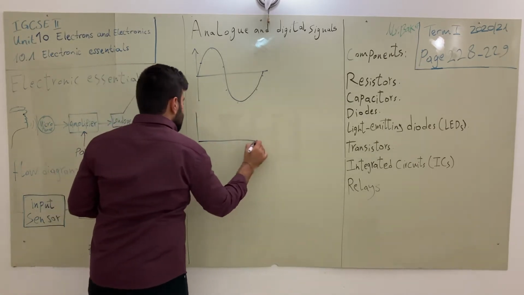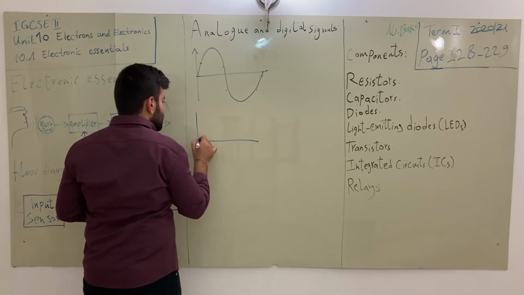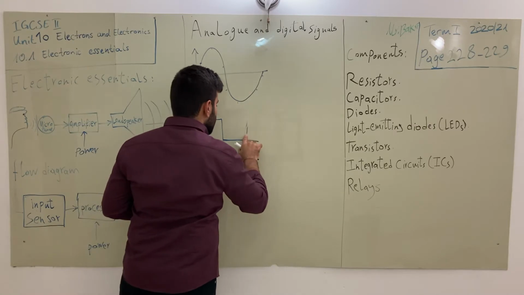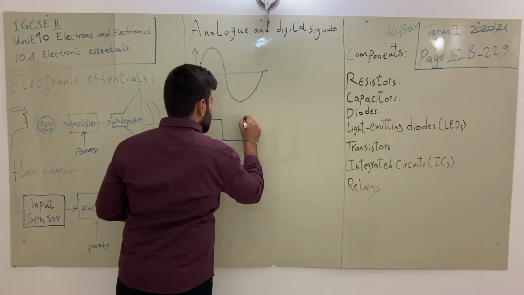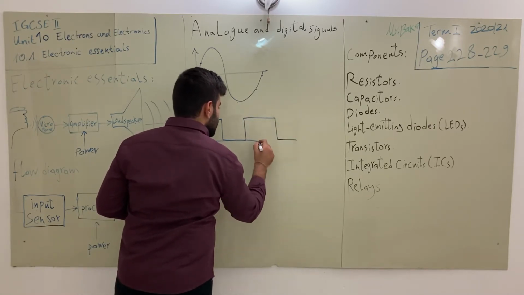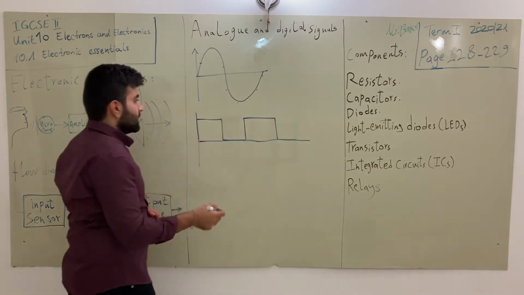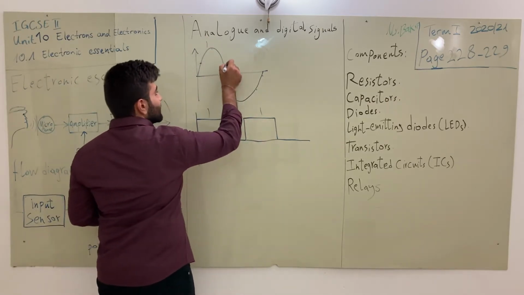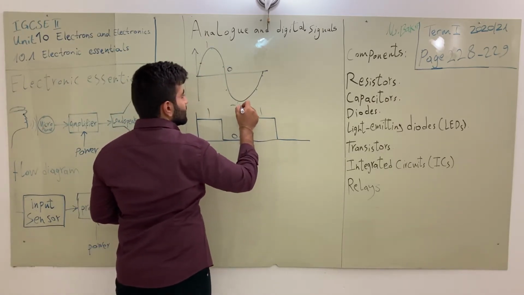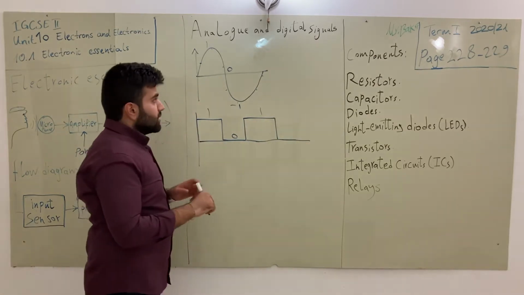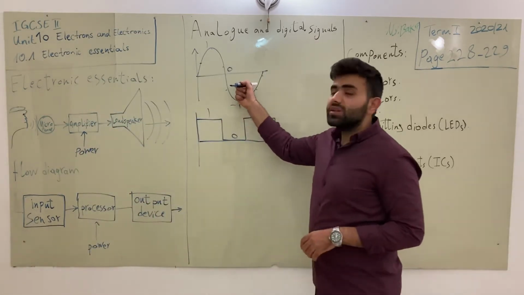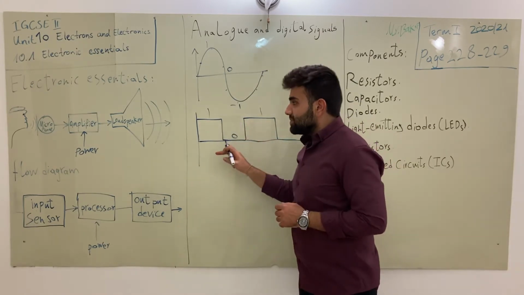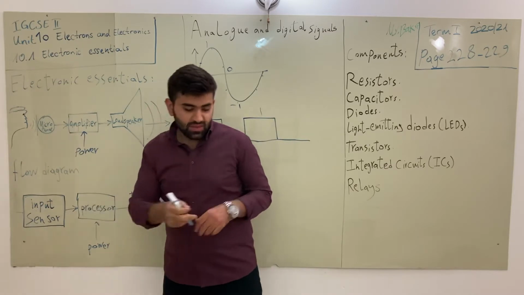The digital signal is always either 1 or 0. So we say the analog is changeable; it's not just 1 or 0, like we see in this example.